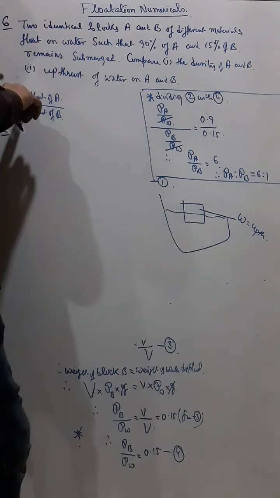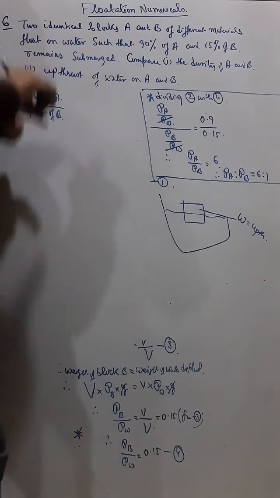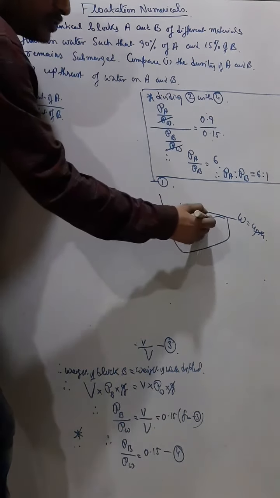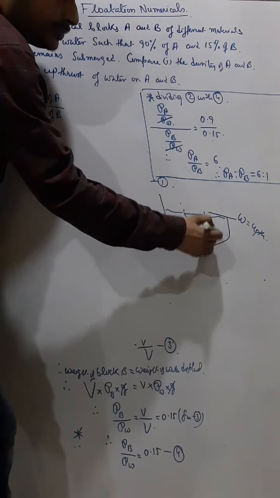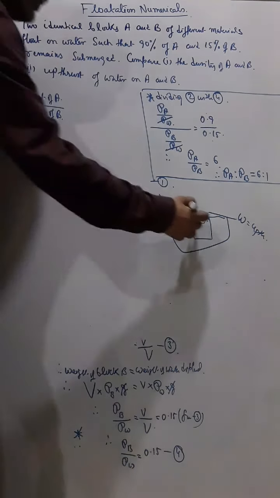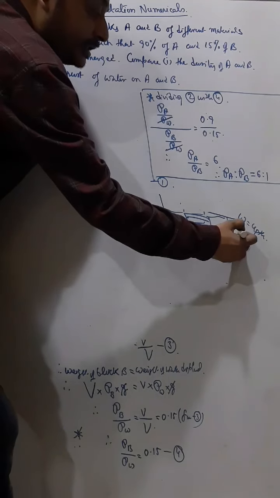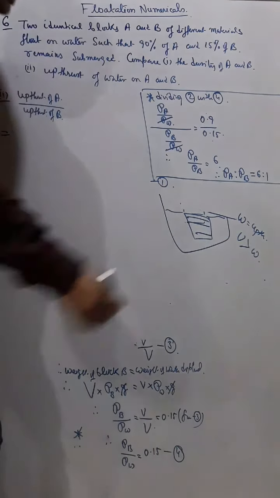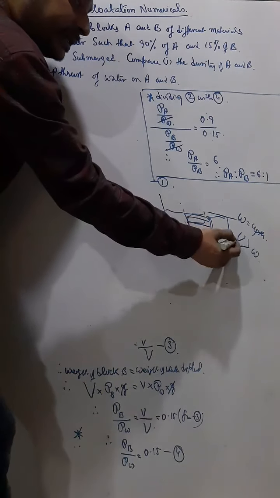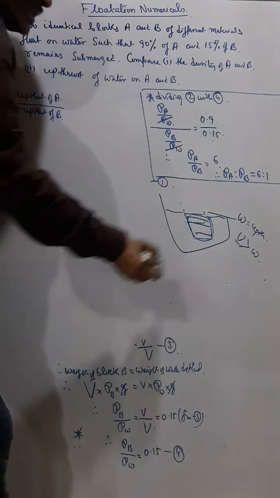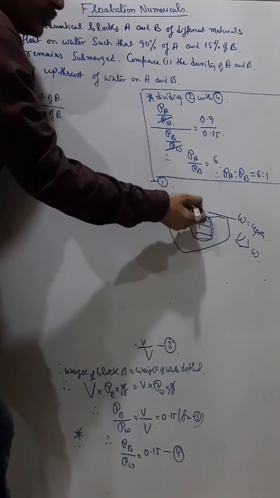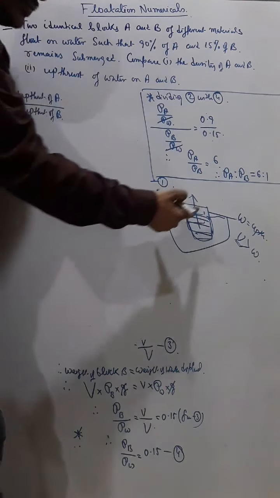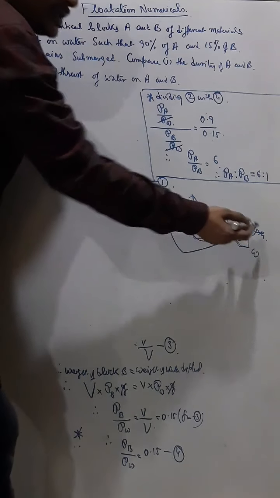But they ask you what is the actual upthrust acting on A. The actual upthrust acting on A means when it is totally submerged, because if it is totally submerged, then only the upthrust is greater than the weight. So this is in fact the total upthrust acting, but since the upthrust is greater, therefore the wood rises up and it balances at a certain point, and when it balances, weight is equal to upthrust.